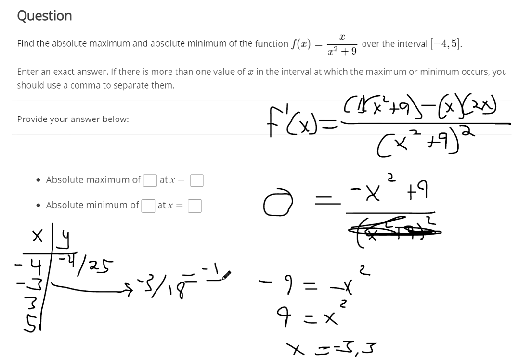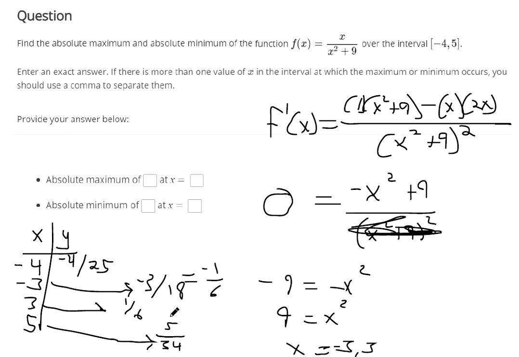That's -1 over 6. If you plug in 3, then it's just going to be the opposite sign, right? 1 over 6. And then if you plug in 5, that's going to be 5 over 25 plus 9 makes 36. Wait, 25 plus 9 makes 34. Sorry. Oof. Bad math there.